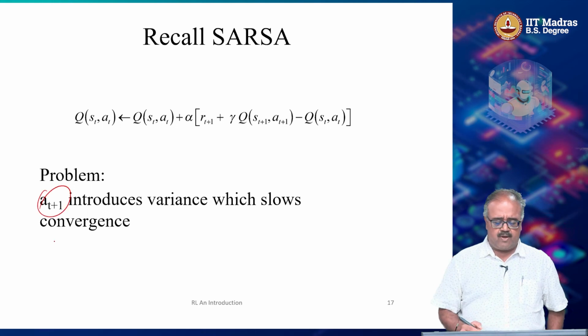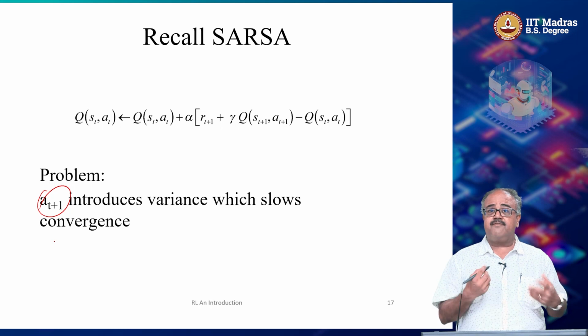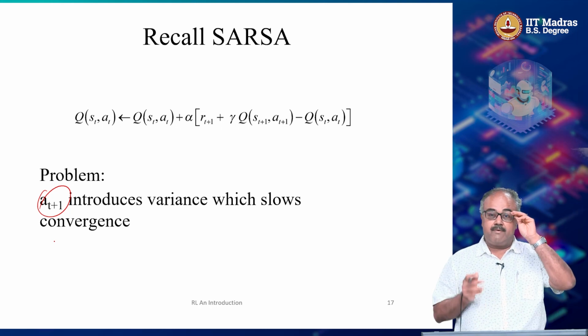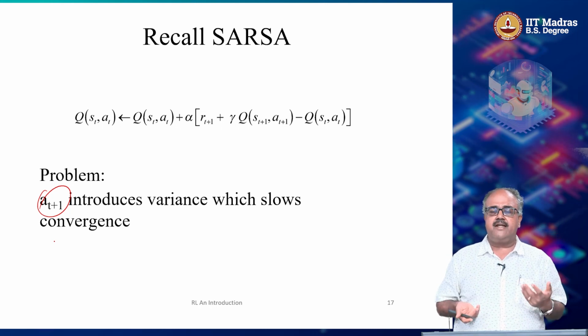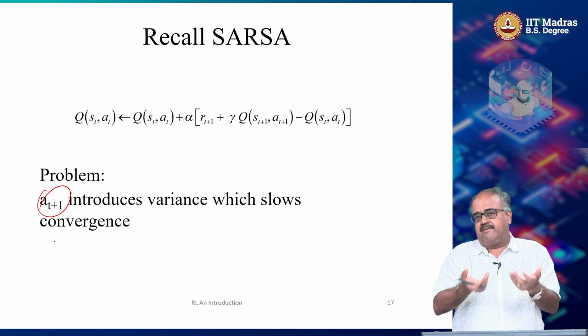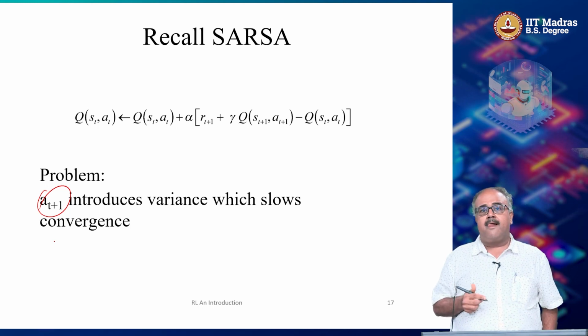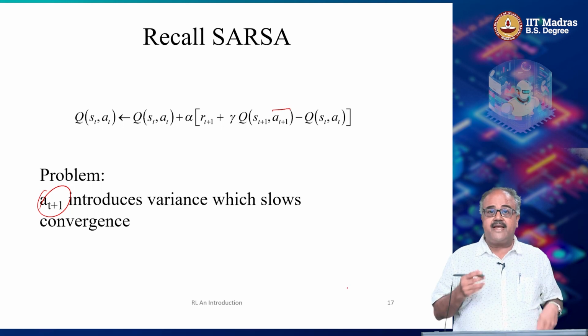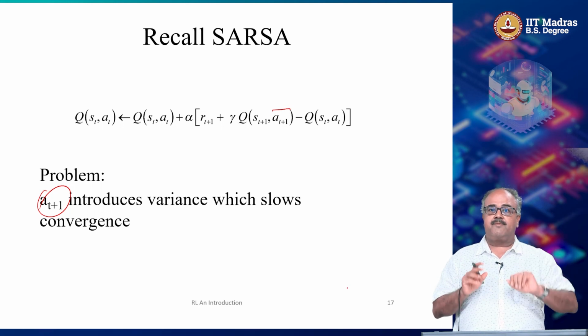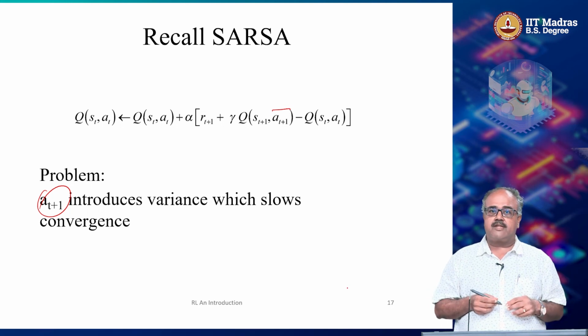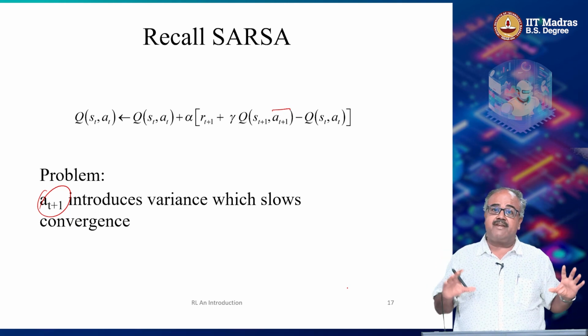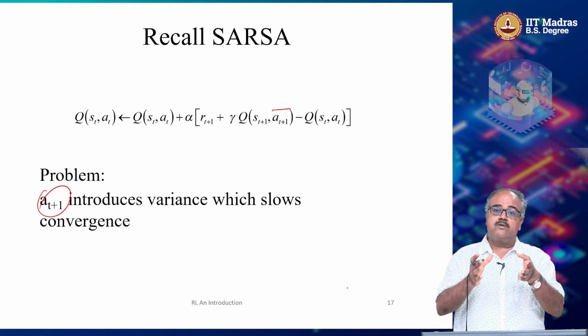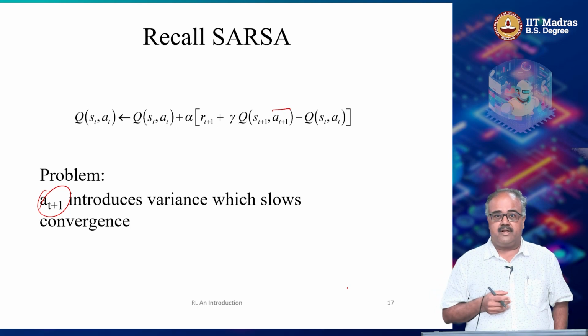But this A_{t+1} introduces a significant amount of variance, because when you're initially doing exploration, or whenever during the initial stages of learning, the action that you take here will change wildly. Sometimes an action becomes better, sometimes not, because you're doing exploration, you're adding a significant amount of noise to what A_{t+1} is.